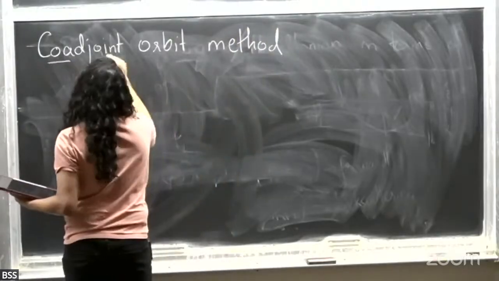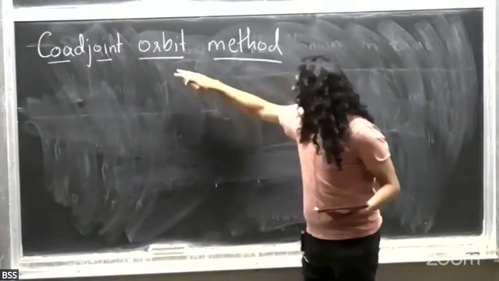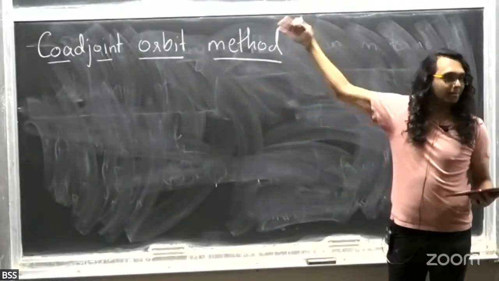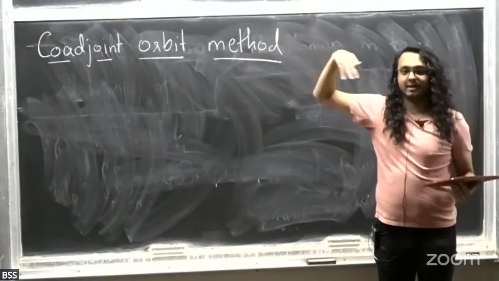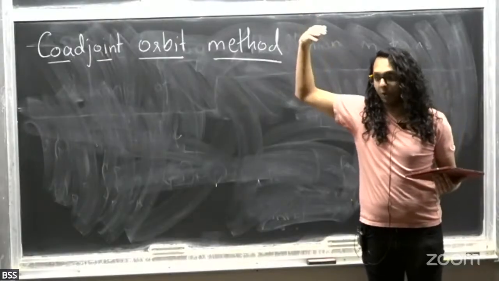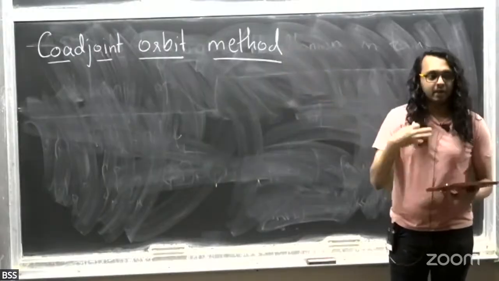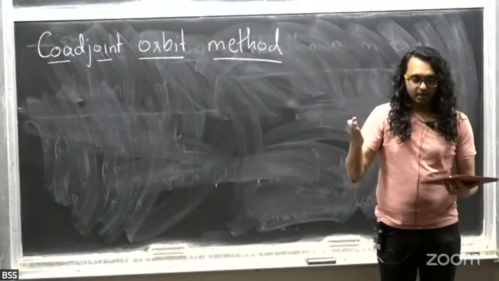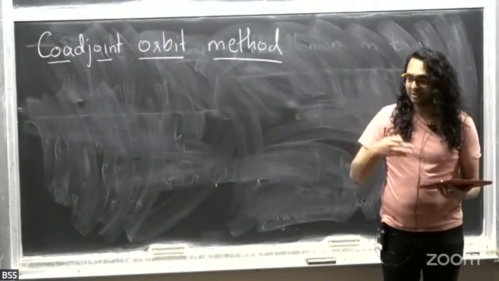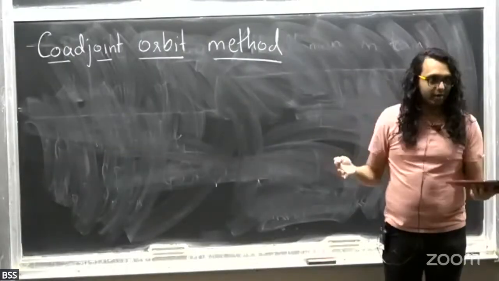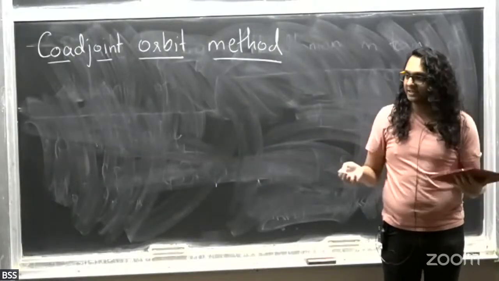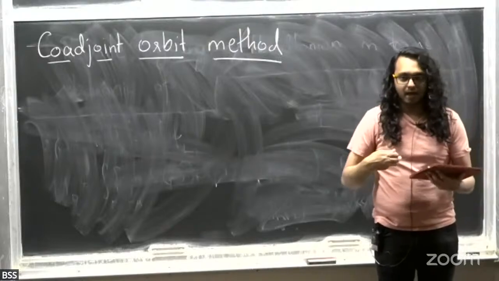Just a comment on terminology. A coadjoint orbit is a property of symmetry groups. For a Lie group, there's something called a coadjoint action. The coadjoint orbit method applies whenever your space of states is related by the actions of some symmetry group. If you have rigid bodies, all possible orientations of a rigid body are related by the action of rotation.